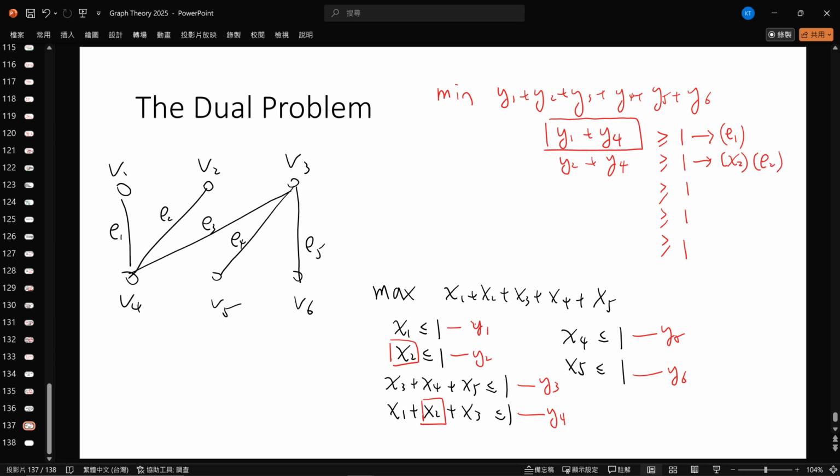So this constraint is for E2. Sorry, I made a mistake saying that this is for V1, but actually this is for the first edge, not the first vertex, because these constraints are created for every edge, not for every vertex.